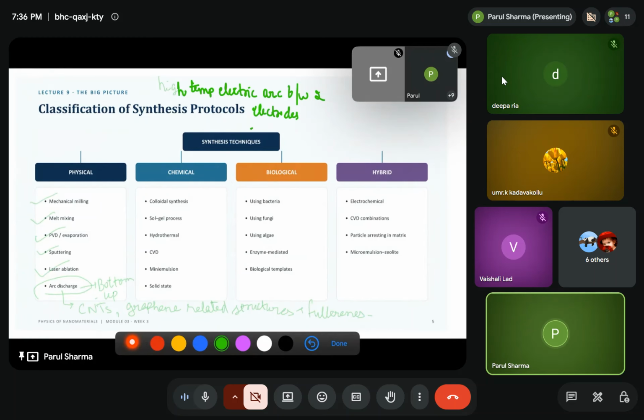So what will happen? It will create intense heat, and that will vaporize the material from the anode. The vapor will subsequently cool and condense to form nanostructures.